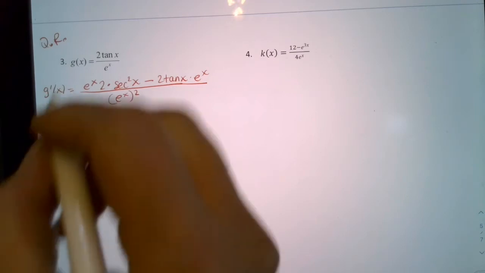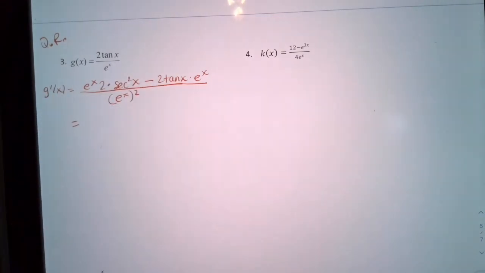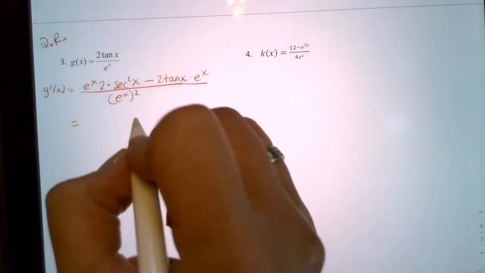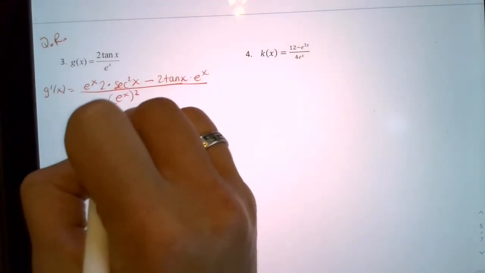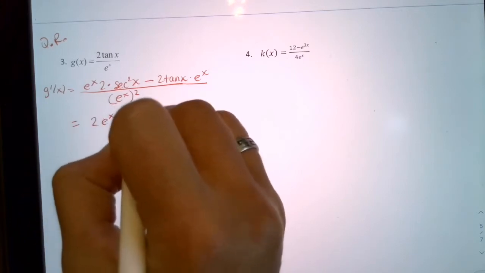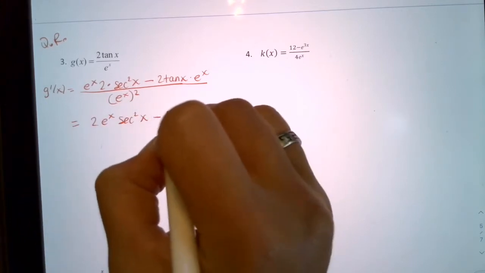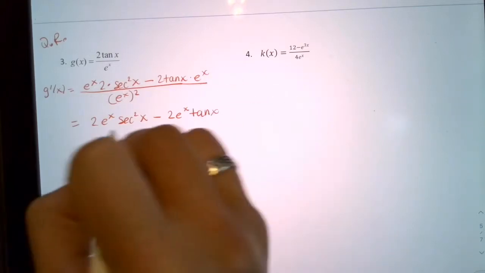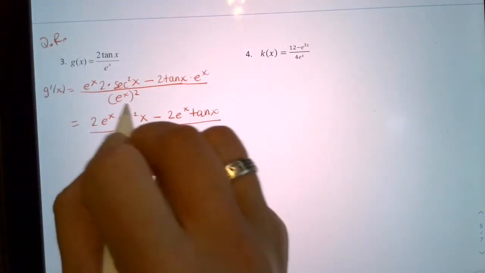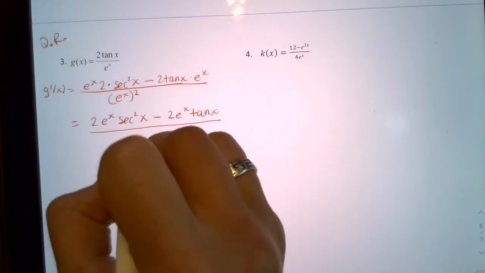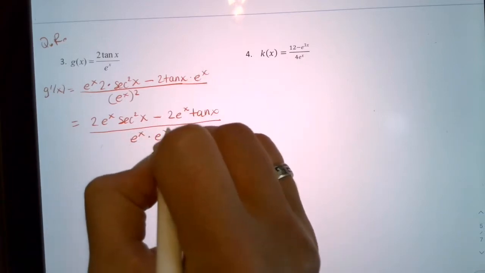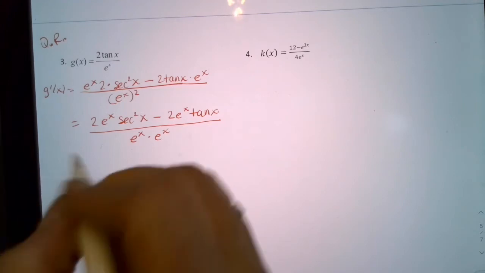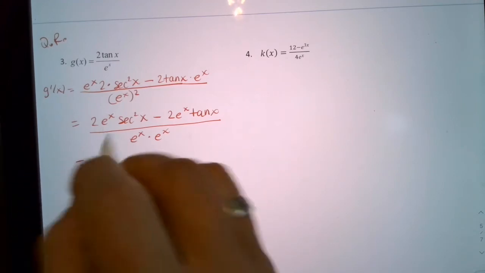minus the top unchanged times the derivative of the bottom, which is e to the x. Now, I'm going to mess around with this a little bit and just change it up a little bit and see what happens. So what I see here is I have 2e to the x secant squared x minus 2e to the x tangent x all over e to the x squared. Well, that's e to the x times e to the x, right? So let's think about that. I can actually cancel one of those e to the x's.